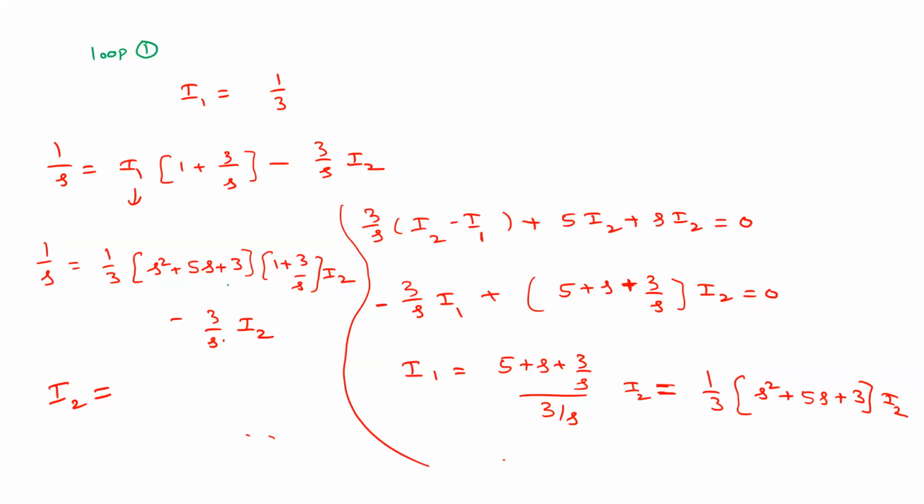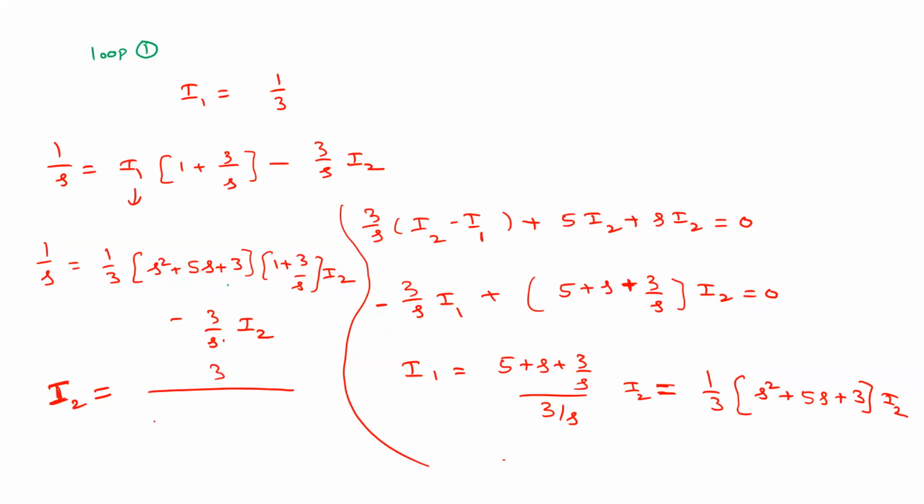So what you got? I2. Sir, 3 upon s cube plus 8s square plus 18s. Say again, 3 upon... Sir, what is s?